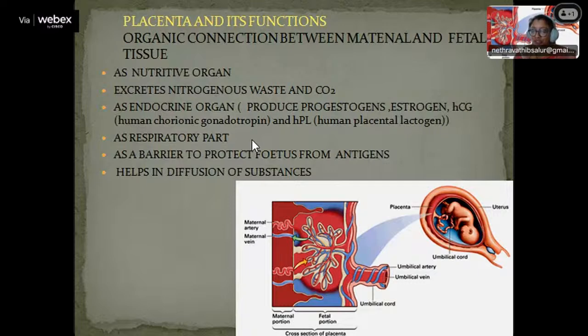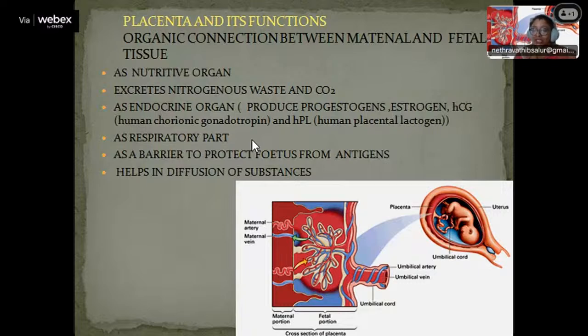Now, what is the next function of the placenta? It acts as a respiratory part. It helps in the exchange of oxygen and carbon dioxide between the mother and the fetus. Another important function is that it is a barrier. It acts as a wall against antigens, so no antigens can cross the placenta and infect the child.